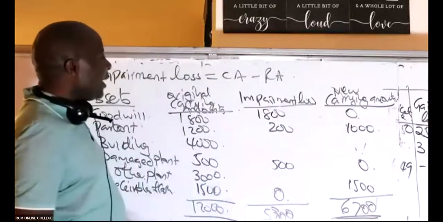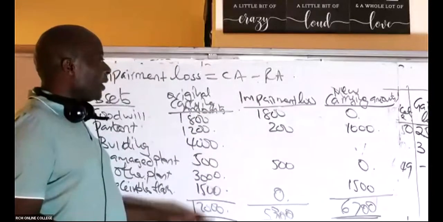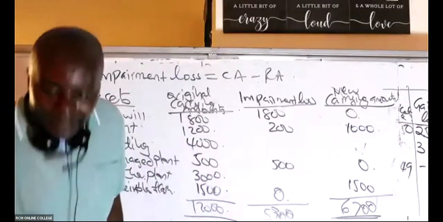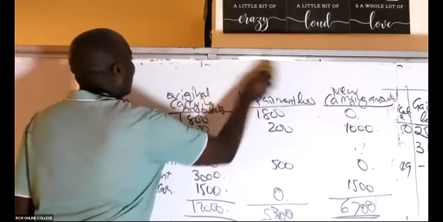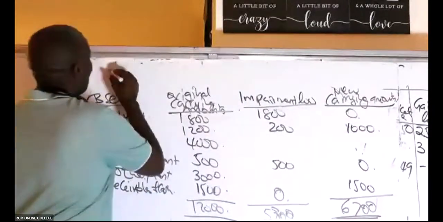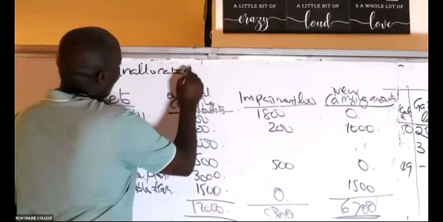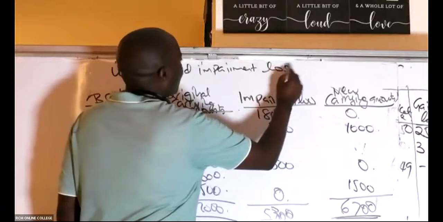So do we have any amount which now is unallocated? What is this unallocated impairment loss?